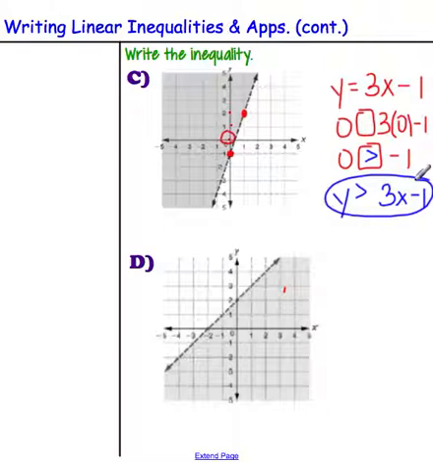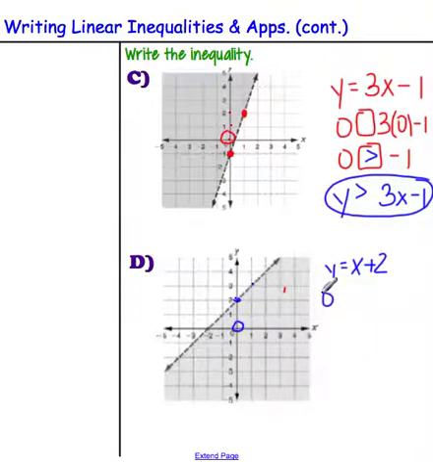Trying the final example with writing the inequalities for the day today. Here we have what I see is a slope of +1. So I see y equals 1x, or x, and it crosses here at 2, so +2. And 0, 0 once again is in that shaded region, so we will use that.